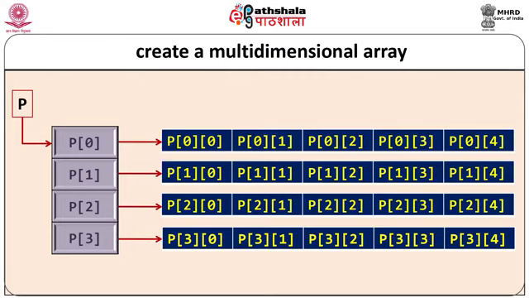For p2, the elements are p20 up to p24. For p3, the elements are p30 to p34. The pointer array can be allocated in physical memory as shown in the picture, like p0 to p3, and you can see the corresponding elements p00 to p34.